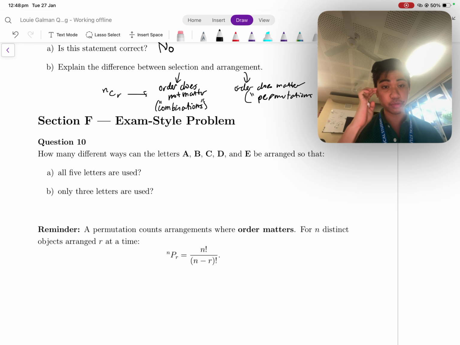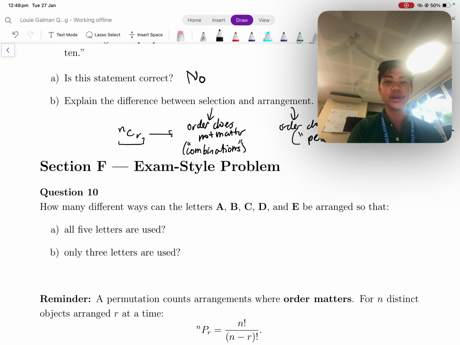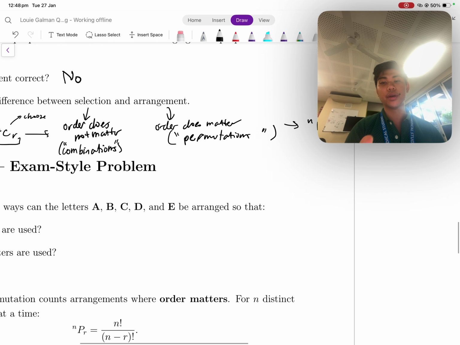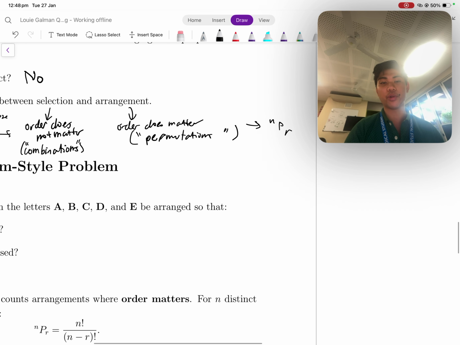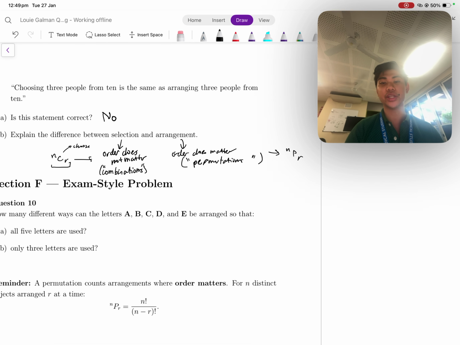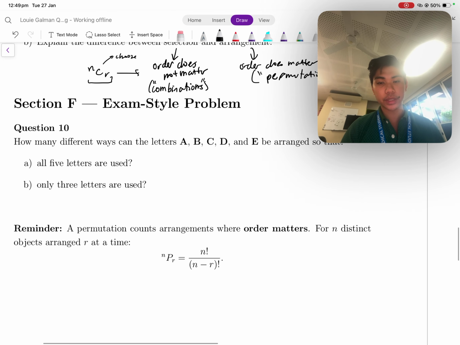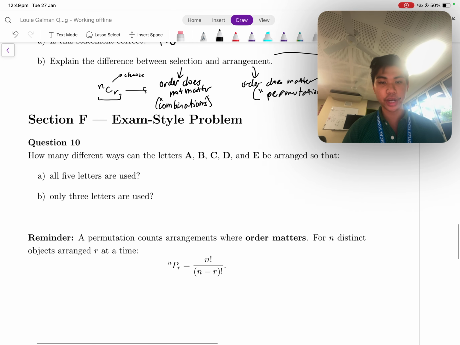A way I like to remember it is that in nCr, C stands for choose, like combinations, but permutations is the other one where order does matter and you need to arrange those different items.